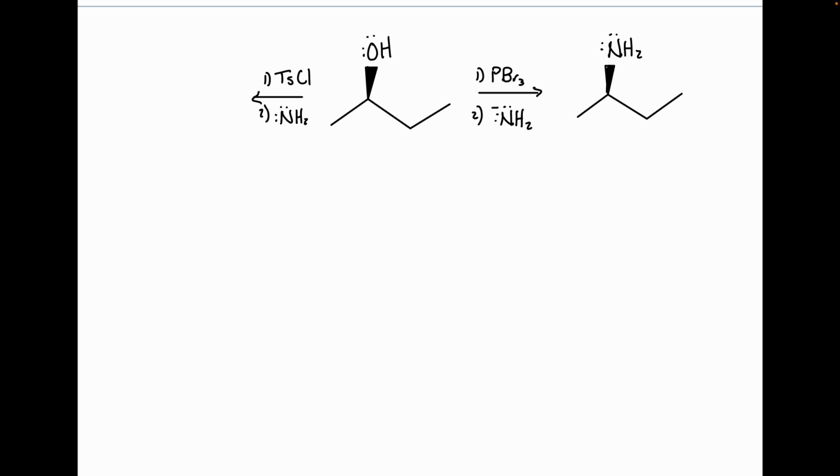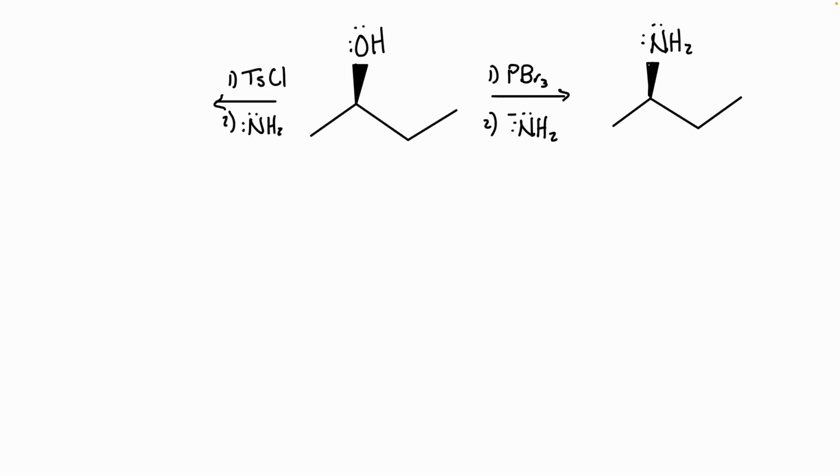All right. However, in our tosyl chloride method, that first step does not lead to a stereochemical inversion. So then when we do our SN2 reaction, we will get a flip to that dashed bond.